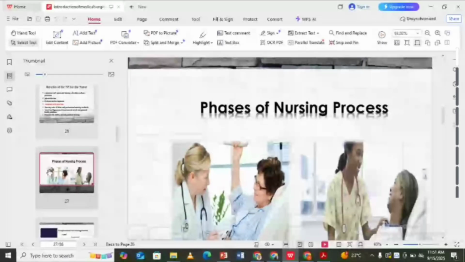Stella, we can't hear you. Okay. Planning is the stage taken by a nurse to ensure implementation of proper goals so as to improve the patient's outcome concerning the patient's health.